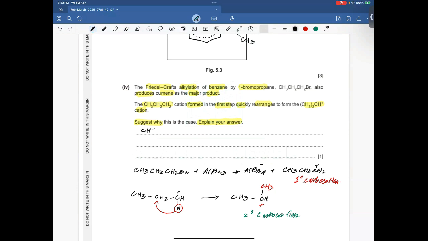तो हम लिखेंगे यहाँ CH3 taken 2, hold on, CH3 CH2 CH2 positive is 1 degree carbocation.